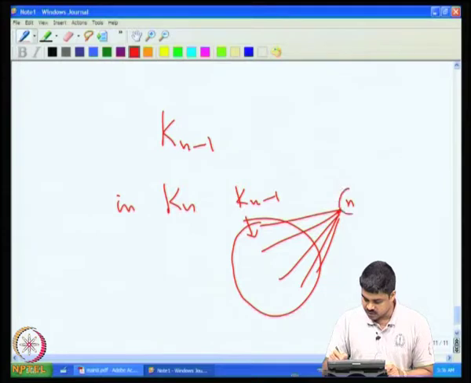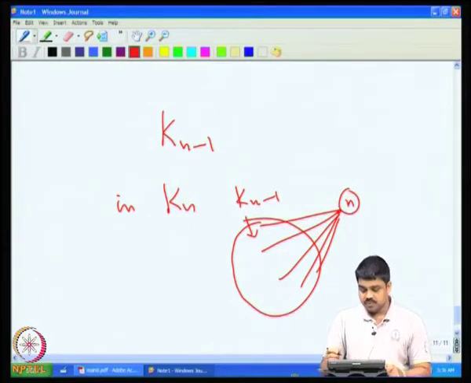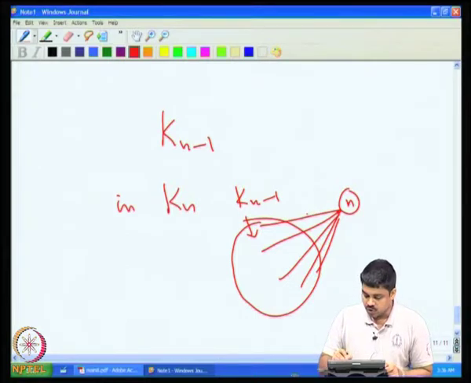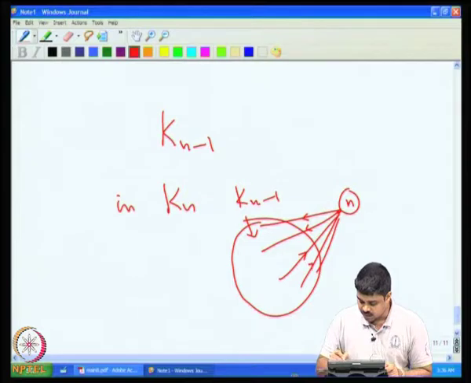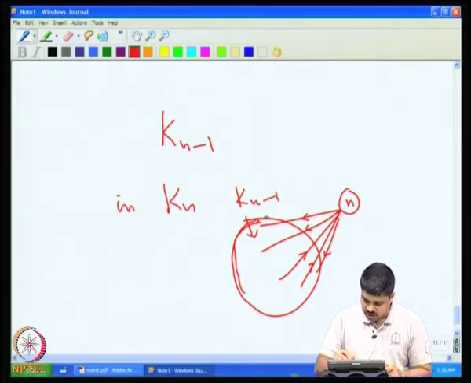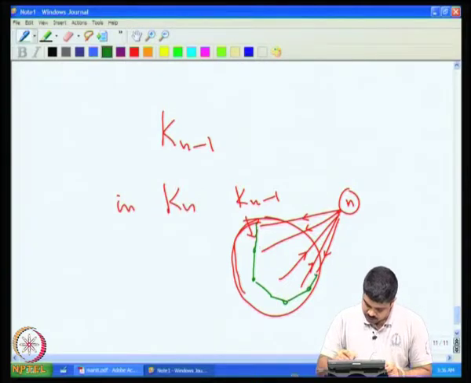Irrespective of how you give directions to this, some of them may be directed like this, some like this, whatever it is. There will be some directions. What you do is, by induction you know that there is a directed path here.